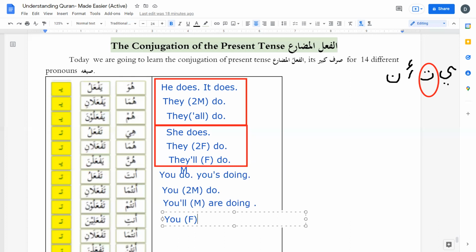So you do something. You are talking to a girl or a lady and you are saying you do this, or you are doing this thing. So anti taf'alina.